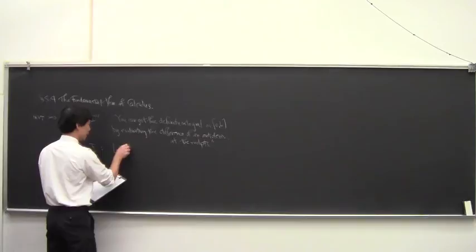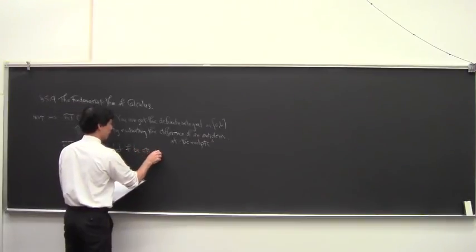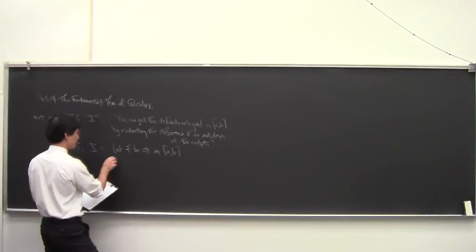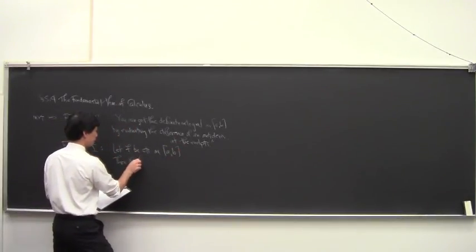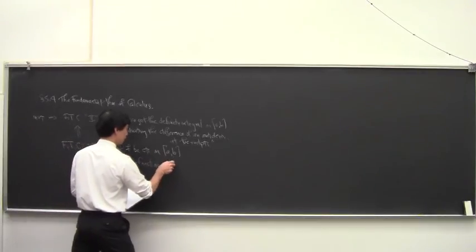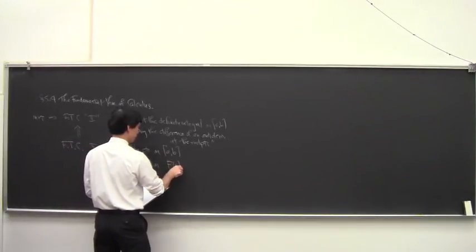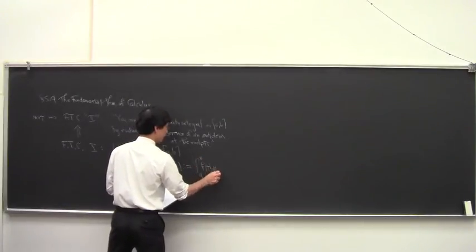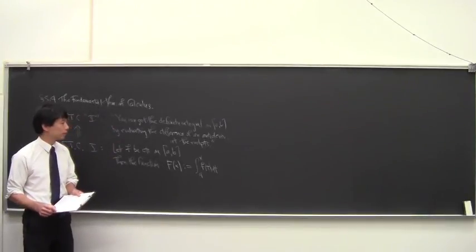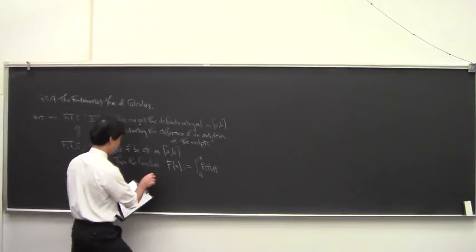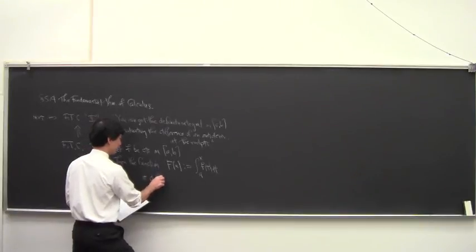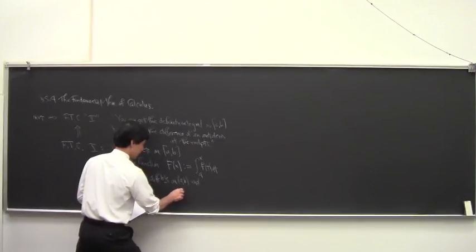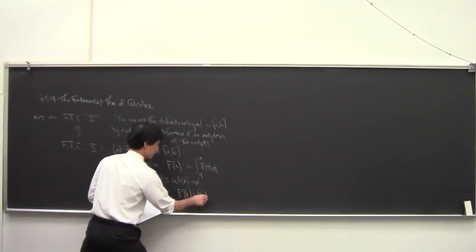Let f be continuous on [a, b]. Then the function, let's call it big F, defined by integrating little f from a to x, is differentiable on (a, b), and F prime of x equals little f of x.